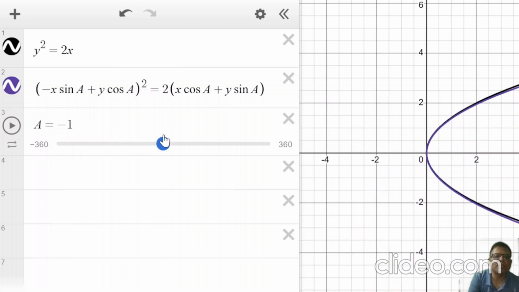So you have to remember the transformation, that x has to be replaced by x cos a plus y sin a, and y has to be replaced by minus x sin a plus y cos a. Then for a positive angle, it will rotate anti-clockwise. For a negative angle, it will rotate in the clockwise direction.